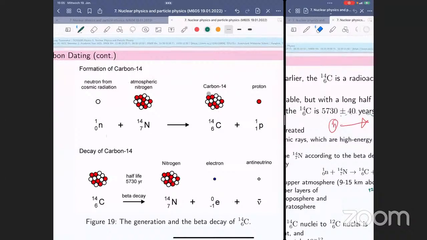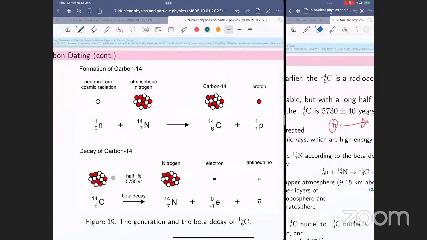But once the carbon 14 stays everywhere on Earth, whether inside the stomachs of the pets, inside the plants, or inside our body, it will try to change itself to become nitrogen 14, because this one is more stable. The nuclear force inside the nucleus is better, so carbon 14 is not in a good state.